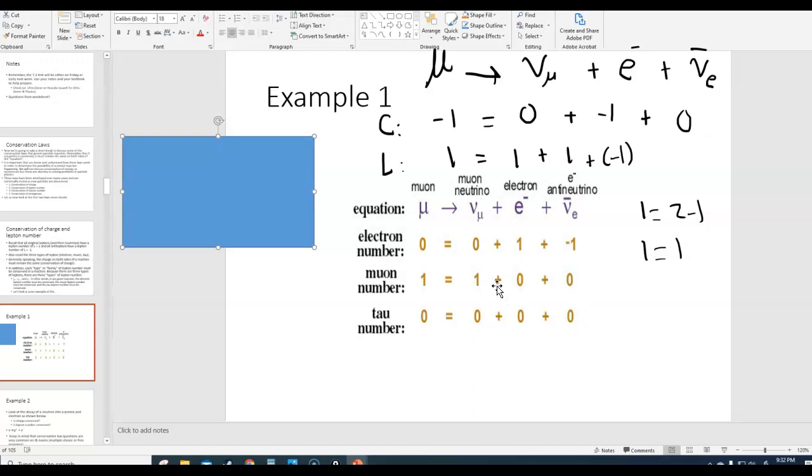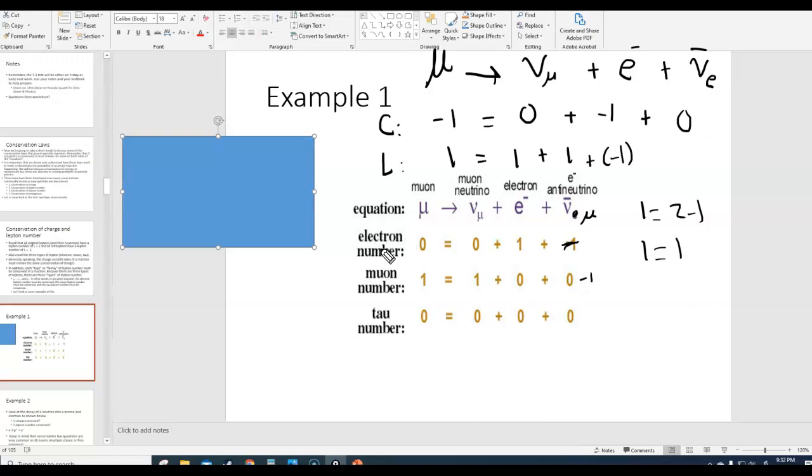Okay, and if you look really carefully, then you'll see that this reaction is feasible because all of these equations are equal on both sides. So this is a feasible reaction because lepton number is conserved by type. Now, if I were to change, for example, let's say I made this neutrino a muon antineutrino, then what would change is instead of the -1 being here, the -1 would be here.